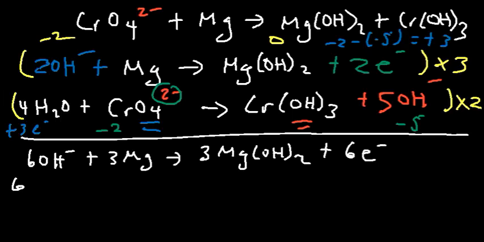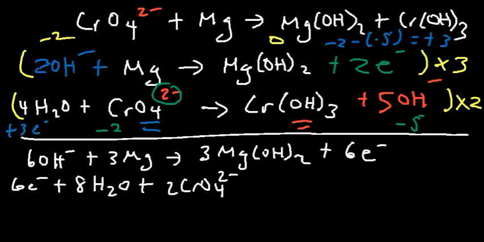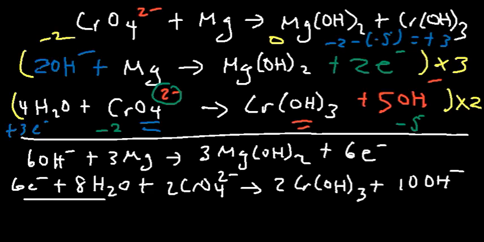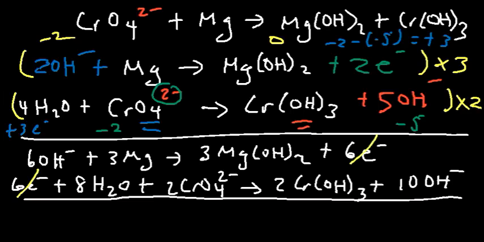So here we have 6 electrons, 8 water molecules, 2 chromate ions, and 2 chromium hydroxide formula units, and 10 hydroxide ions. So now we can add them. So these will cancel. Notice that these two are similar.